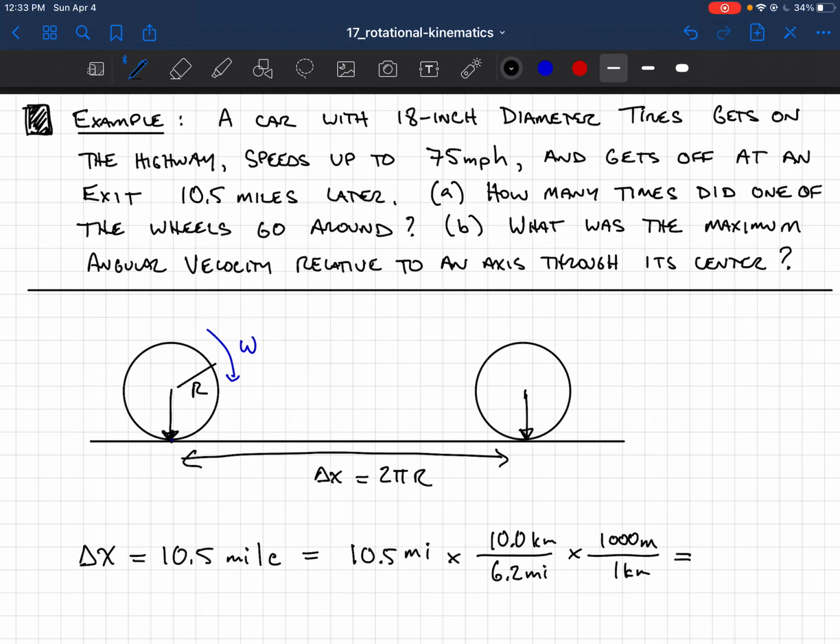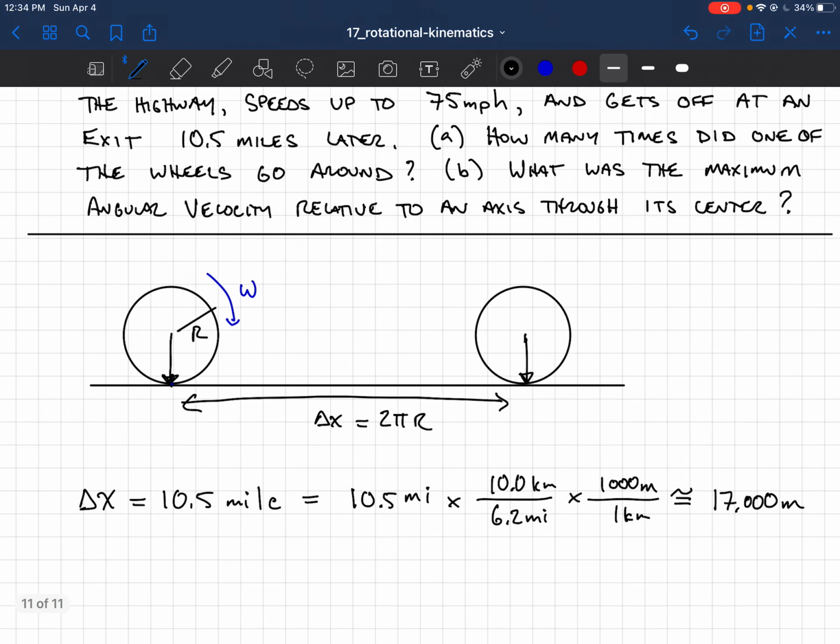So what is 10.5 miles in meters? 10.5 times 10 times 1,000 divided by 6.2 is about 17,000 meters, or 17 kilometers, approximately.